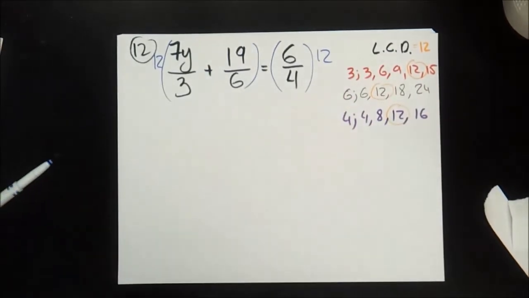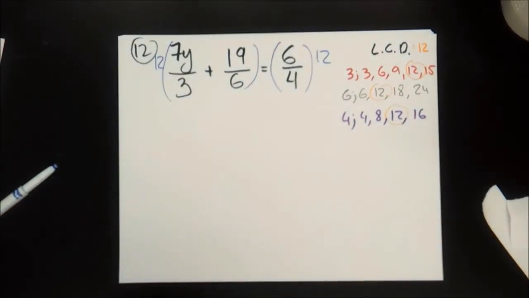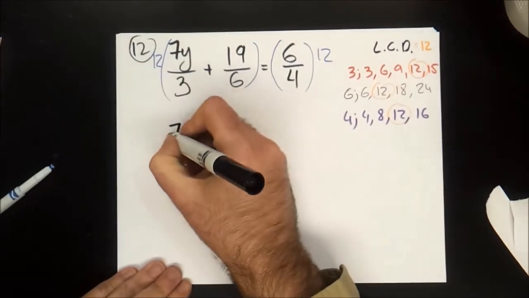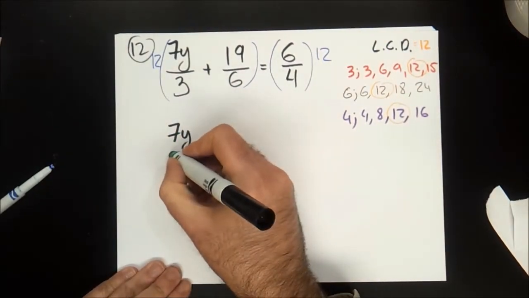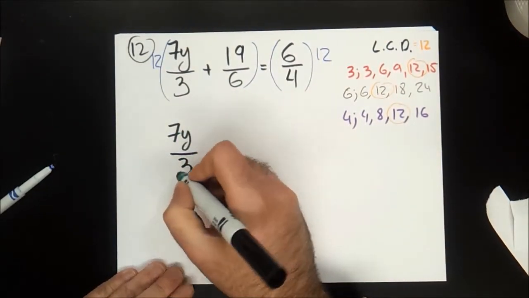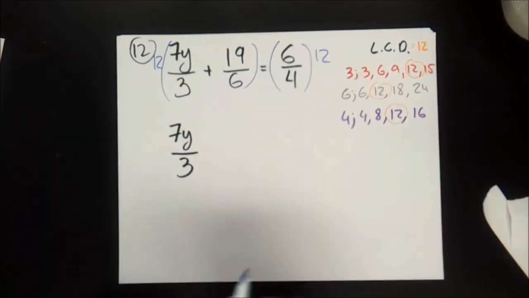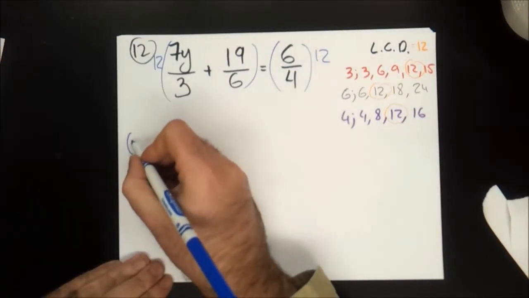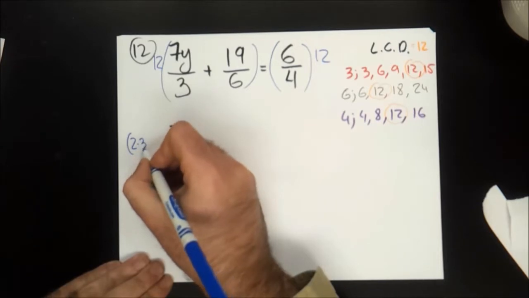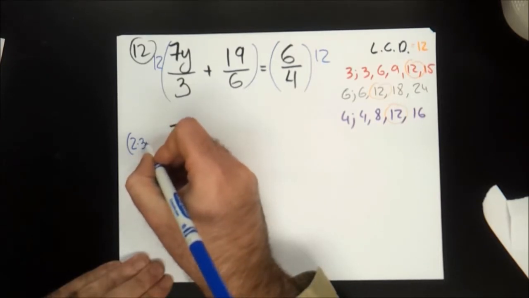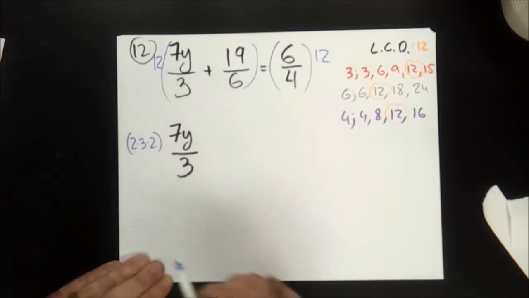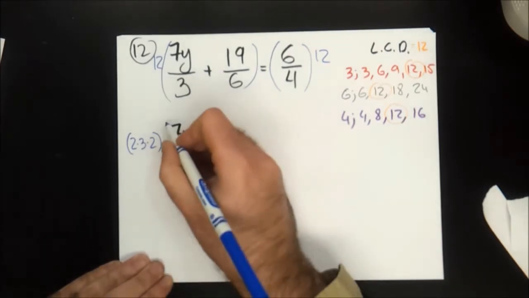Alright, cool. So here I have 7y over 3. And instead of writing 12, I'm going to break up that 12 right away into 2 times 2 times 3. That's the 12.